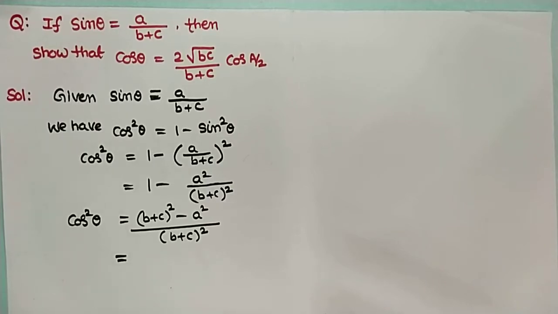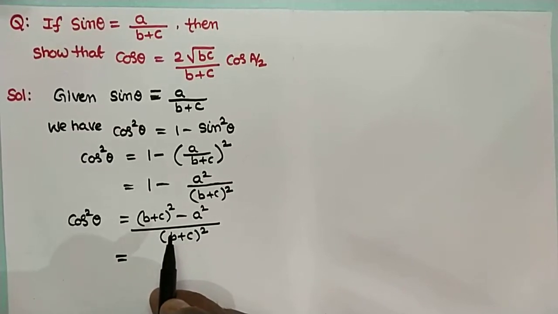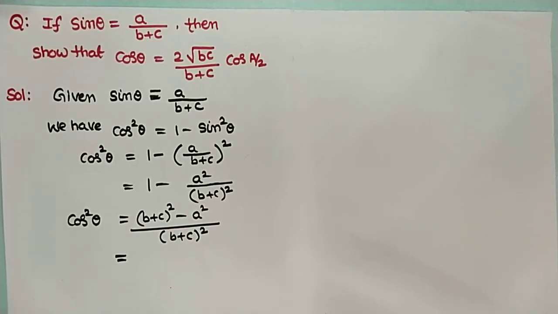Now the numerator is in the form of a square minus b square, so we can write it as a plus b into a minus b. If you don't want to apply that formula, then what we have to do is expand b plus c whole square, and from the cosine rule, a square values are there separately.